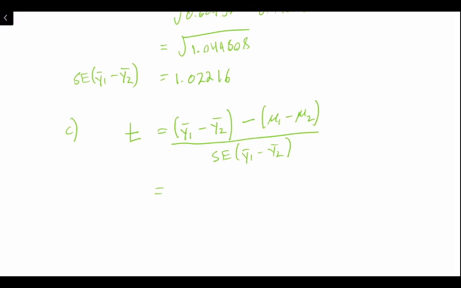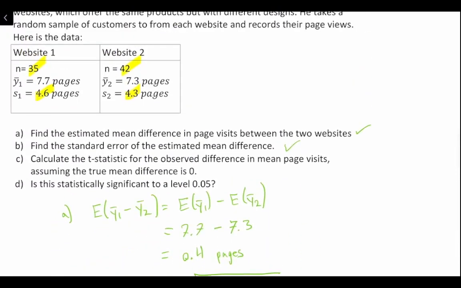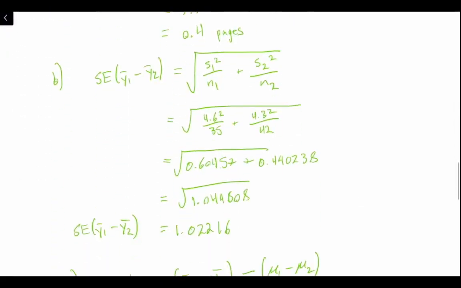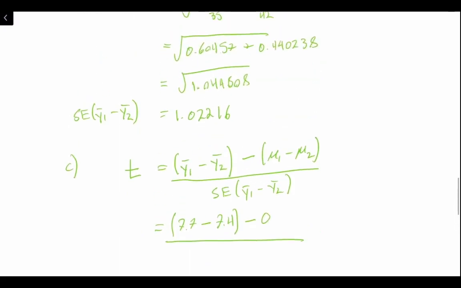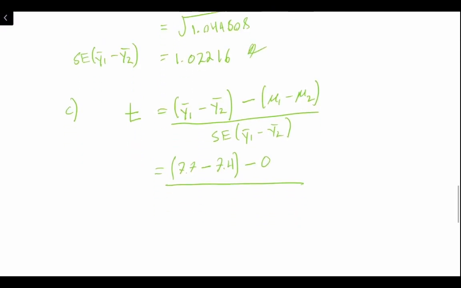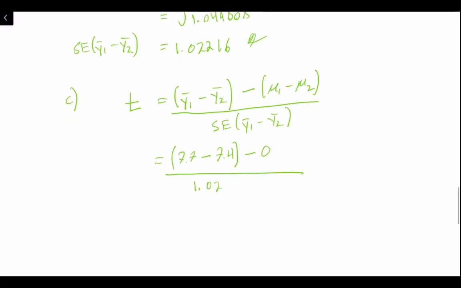So y bar 1 is 7.7, y bar 2 is 7.3, and we're told in our question to assume that the true mean difference is 0. So we're going to say minus 0, divided by our standard error that we just calculated in B to be 1.02216.